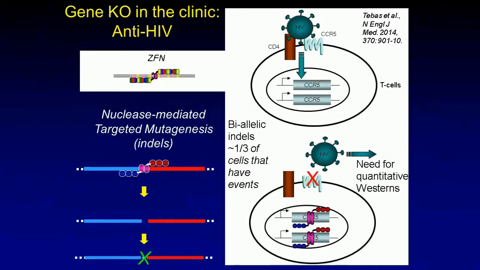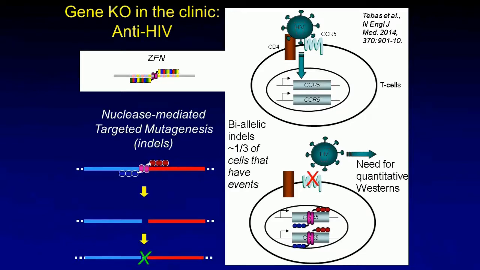When that protein's expression is knocked out due to the mutations coming from the nuclease, there's no longer functional CCR5 expressed on the surface, and the HIV virus will essentially just bounce off the surface of those cells. In this way, they hope to be able to give a new immune system to people that are infected with HIV.